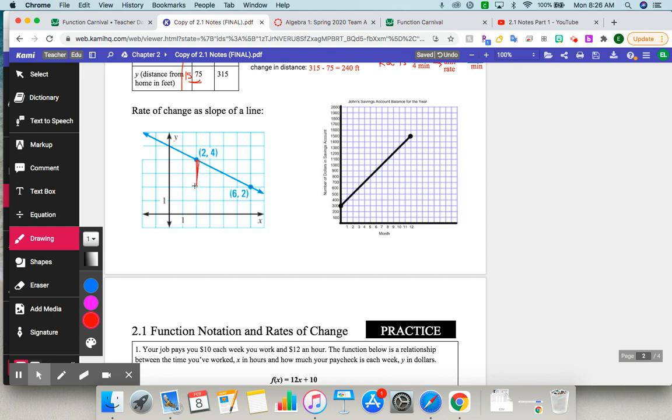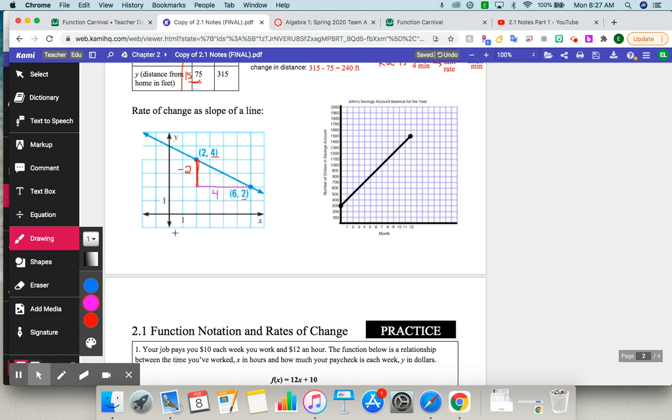So I can count, since each block is 1 unit, I know that this is a change of 2. However, since I am going down in my output, so I'm going from 4 to 2, it's actually a change of -2. And then my horizontal distance would be the length of the line from here to here. So I can count that's 4 units in change.